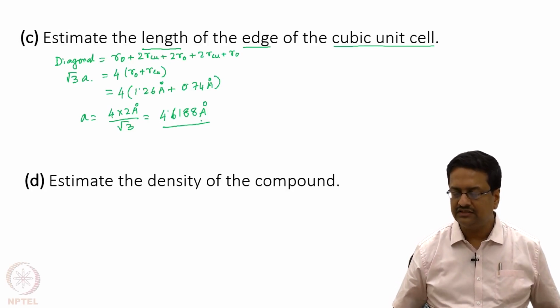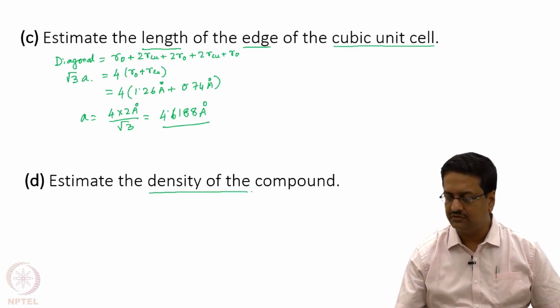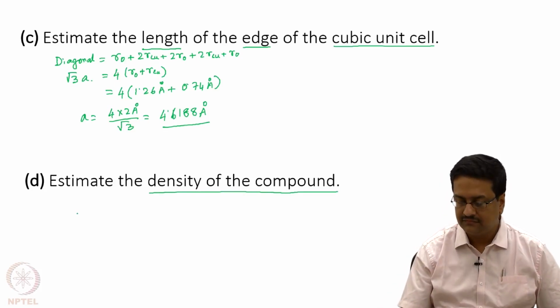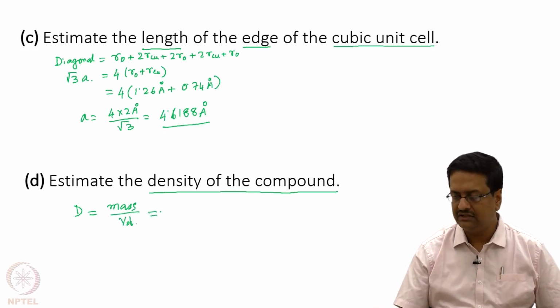So when we try to estimate the density of this compound, what we need is the density D is equal to mass by volume. What is this mass?